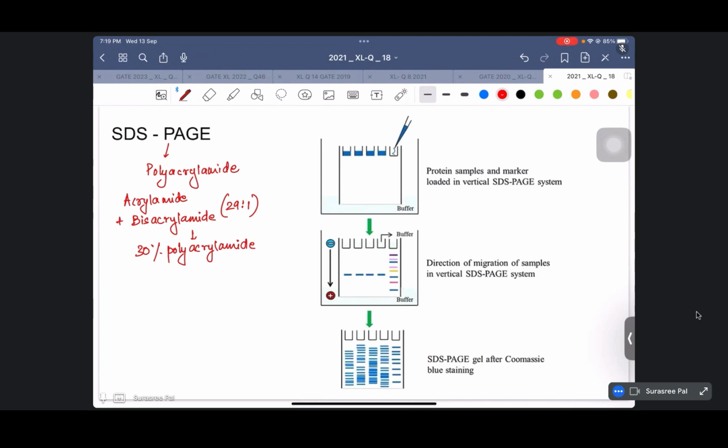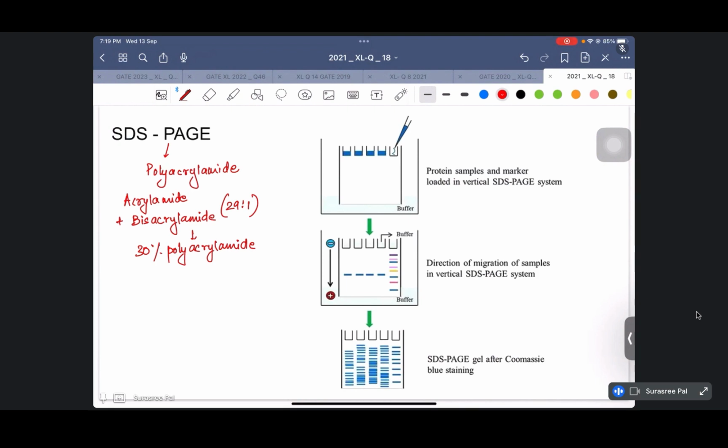Acrylamide itself is a long chain, so it is itself a polymer. But why do we need bisacrylamide? Acrylamide is a long chain structure, and bisacrylamide is used for linking those chains. So it forms branches in those chains, and together that forms a gel matrix, which is called polyacrylamide.